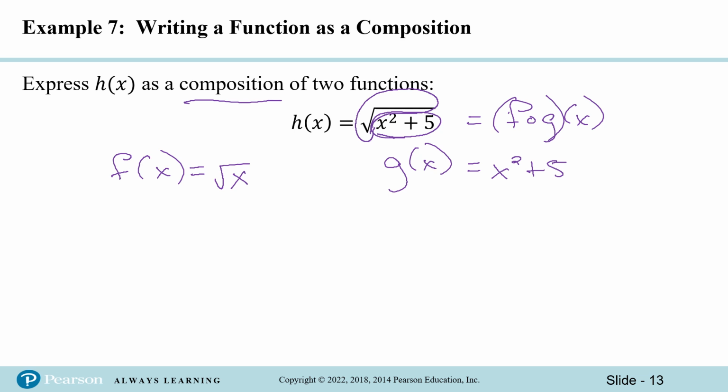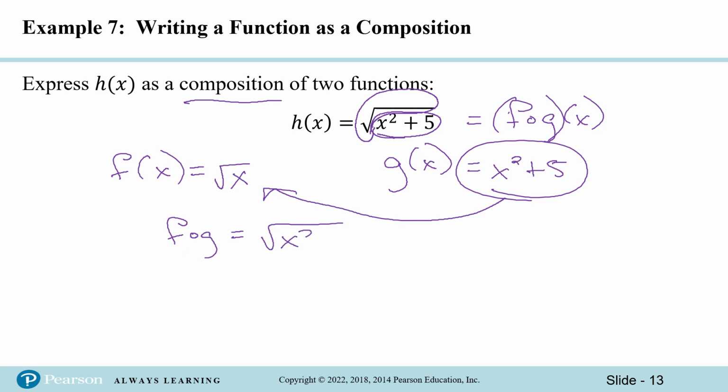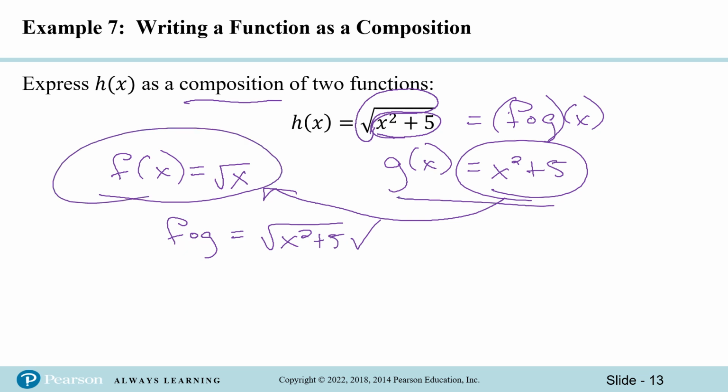So just to double check, if I were to do f composed with g, I would take my g function and plug it into my f function, and I would get the square root of x squared plus 5. So it does double check. So here is my f function, and here is my g function.